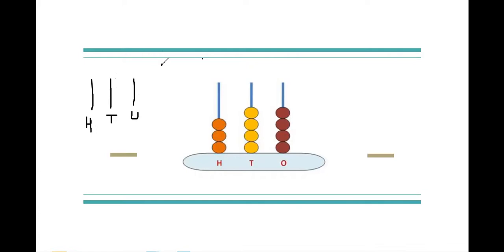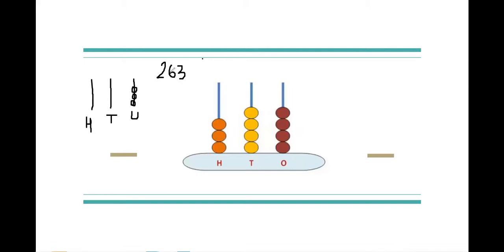Our number is 2, 6, and 3. So in the units place we have 3. That means here we will have in units place 1, 2, and 3.